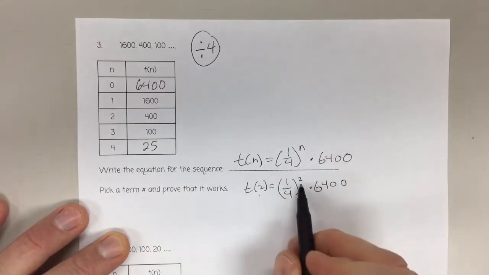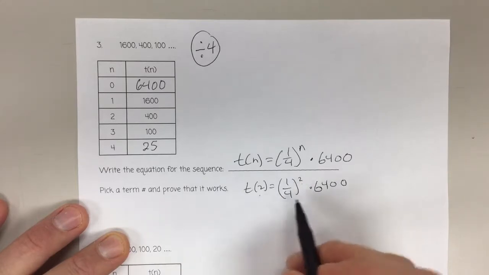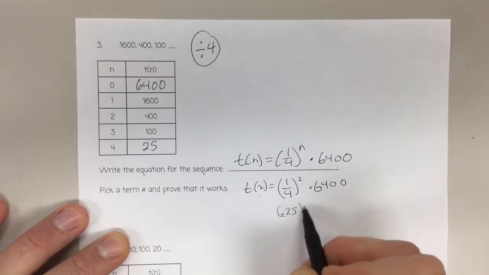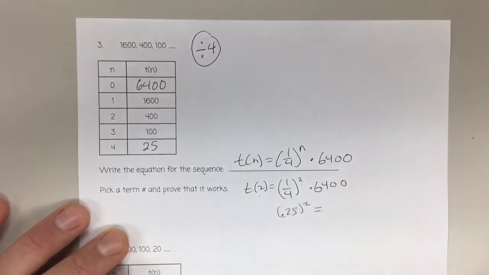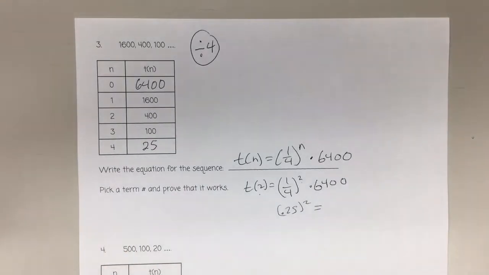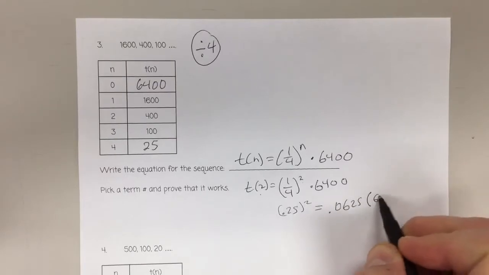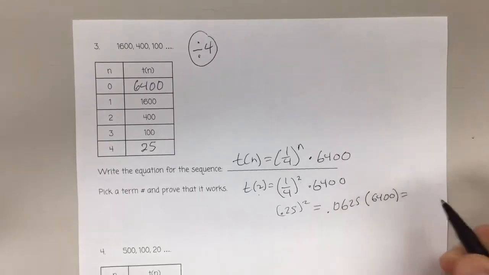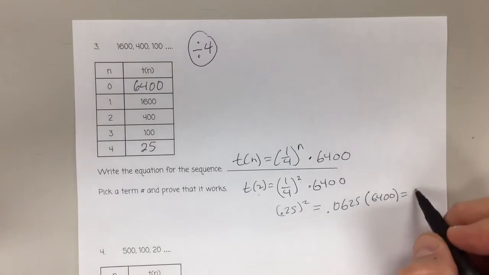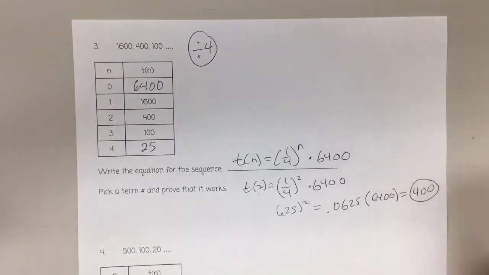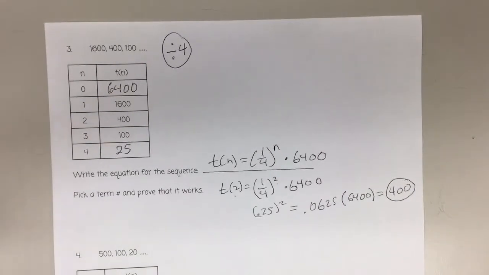So I put a 2 in for n, and now I solve. 1/4 is 0.25 squared is 0.0625. Then I'll multiply that by 6,400, and I get 400. The second term of the sequence is 400. That checks.